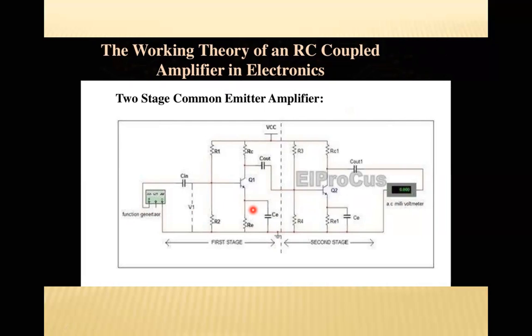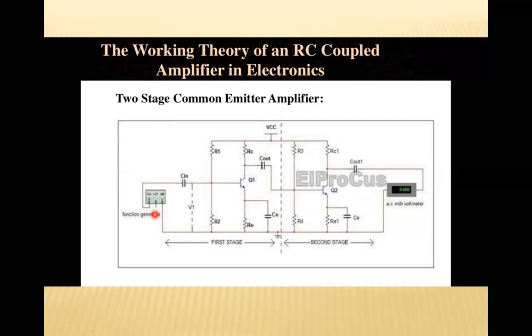Here we use a function generator. Why do we use a function generator? Because a function generator is an instrument with which we can change the values of AC frequencies. Normally in India, the alternating voltage we use in practice is in the range of 220 to 240 volts with a fixed frequency of 50 cycles per second.